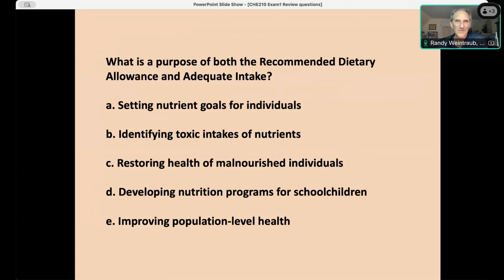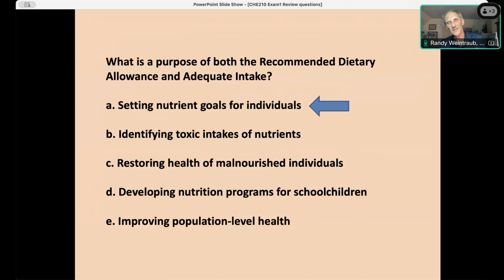What's the purpose of the recommended daily allowance and adequate intake? Okay, that's the RDA and the AI. A lot of acronyms there. So what's the purpose? They're setting nutrient goals, and it is for individuals.